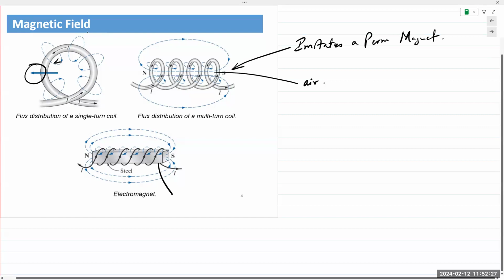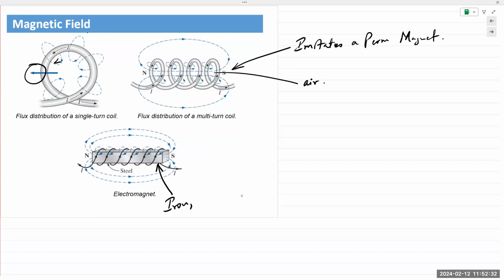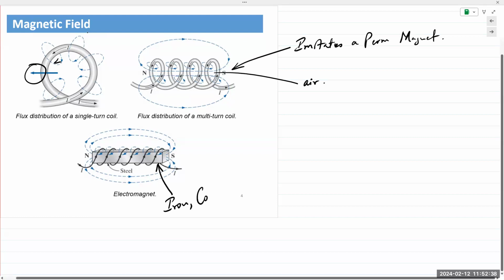And so this material can be iron, steel, which is nothing but iron with a few additives, cobalt, etc. Inside the core, the magnetic field is now much stronger.